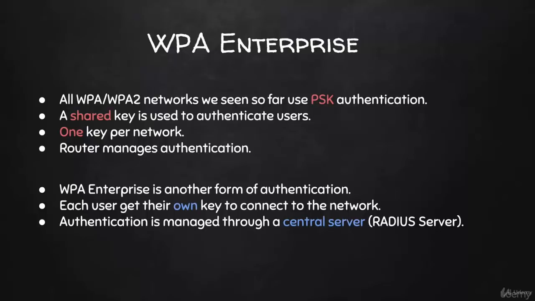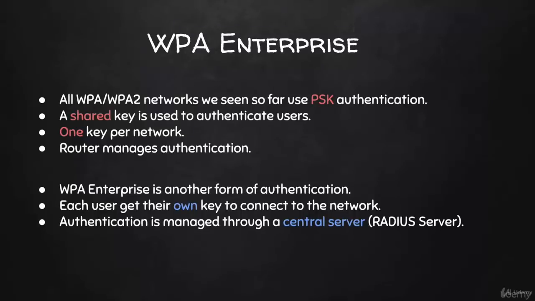So when using a pre-shared key, if we wanted to prevent a certain user, or if we thought that our password got stolen, then we have to change the password, and then we have to give the new password to all of the users that we want to allow to connect to the network. In the WPA Enterprise case, we don't have to do that. If we think a certain password is stolen, or if we want to prevent a certain user from connecting, then we can just modify our central server, the radius server, and remove the password that we don't want to allow on our network.